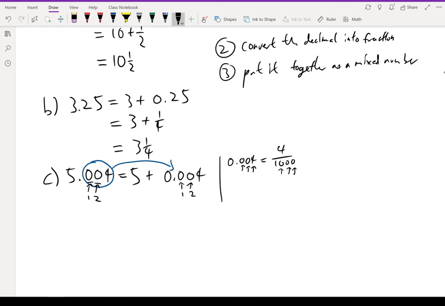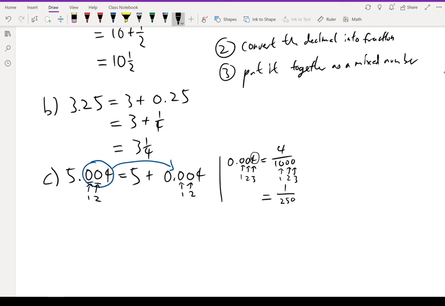So for converting decimal to fraction, you count to the smallest place value, which is that 4 over here. And then you simplify it. 4 over 1,000 is the same as 1 over 250. You just divide it by 2 and then divide it by 2 again.